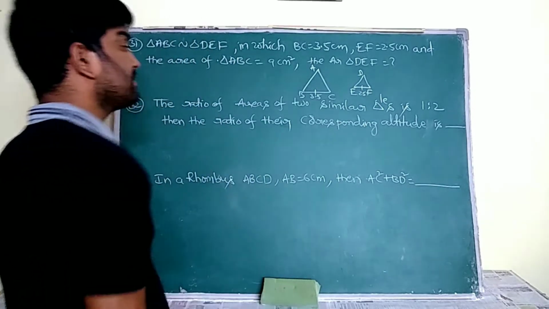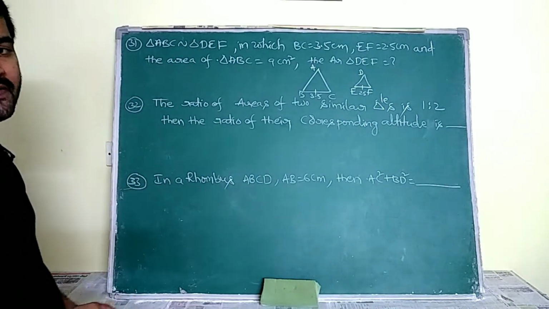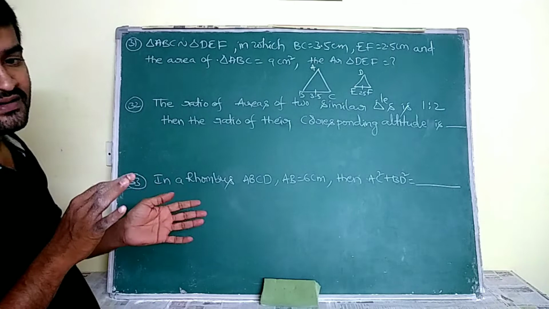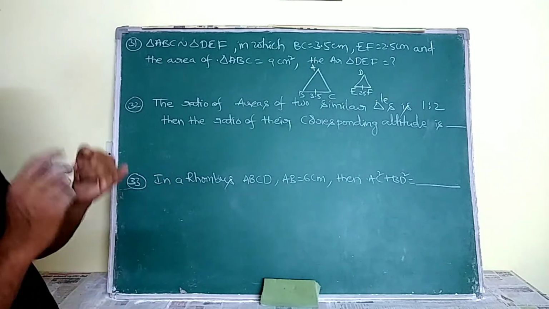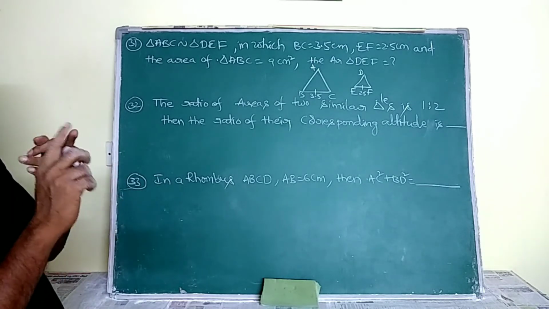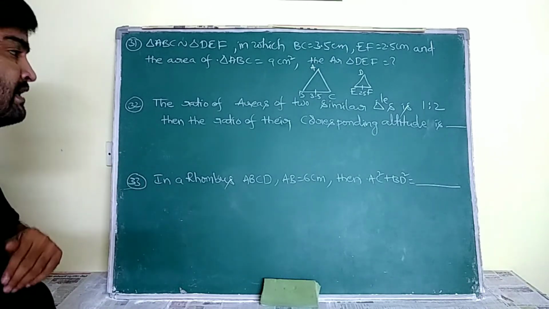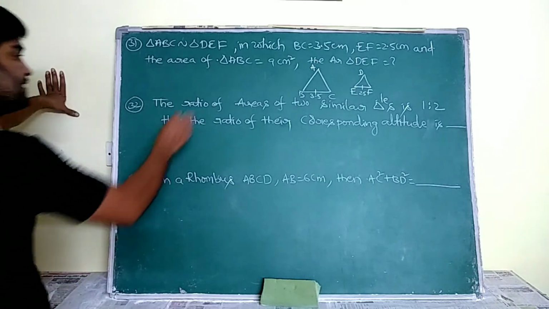So see, we have a relation between the areas of similar triangles and their corresponding sides, altitudes, medians, perimeters. Here I am going to write that relation once.